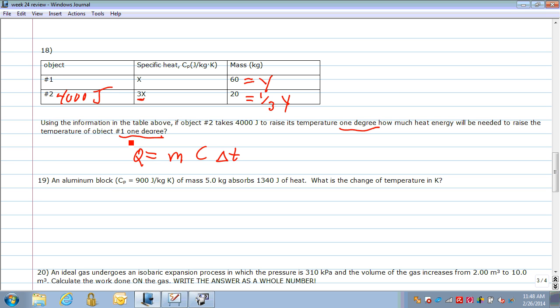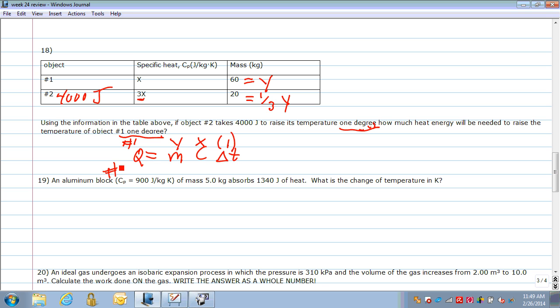So let's do what we know for number 1. For number 1, we know that the mass is equal to y, because we said that 60 was equal to y. We know that C is equal to x. That's what the table tells us. And what is the change in temperature? 1 degree, right? The problem tells us 1.